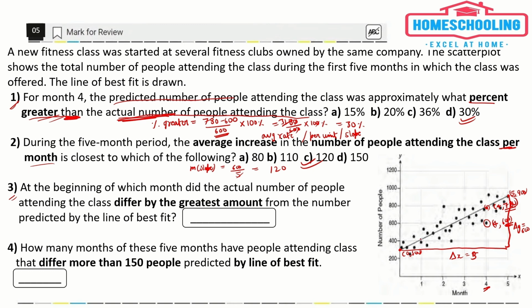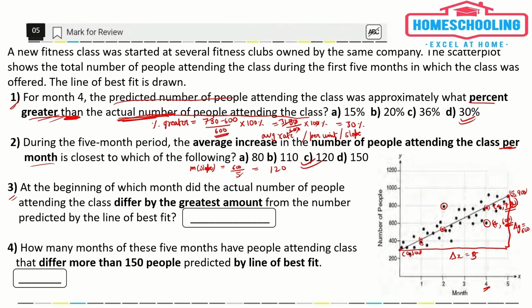So in the first month we have here the line of best fit, that is the predicted number, and this is our actual number. In month 2, let's see, we have this one as the predicted number on the line of best fit, and this is our actual number of people.